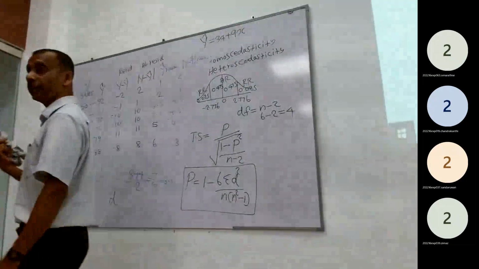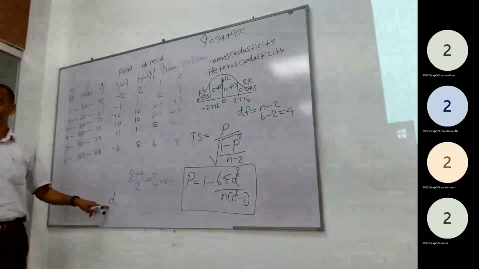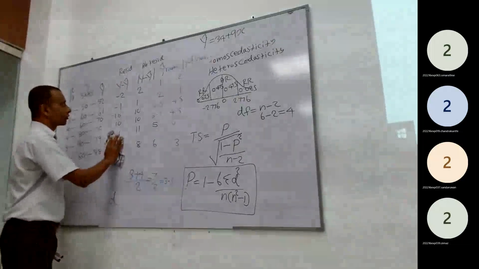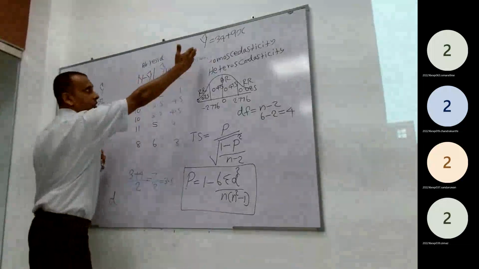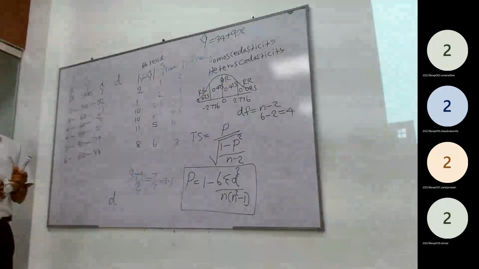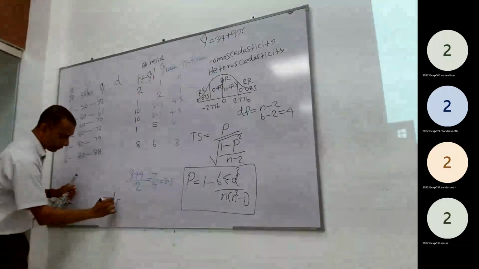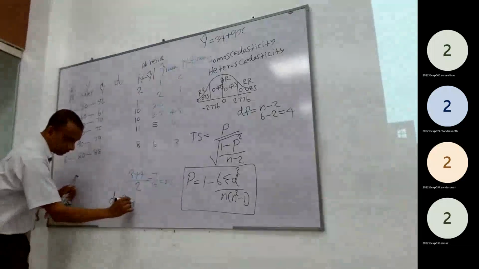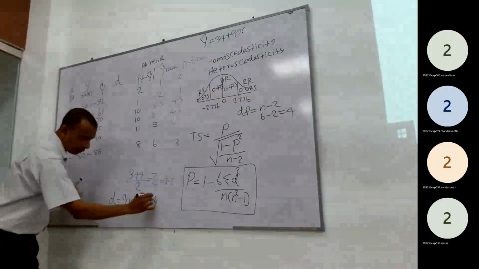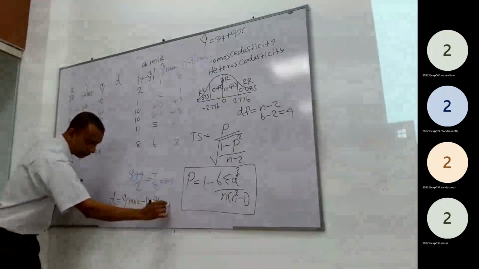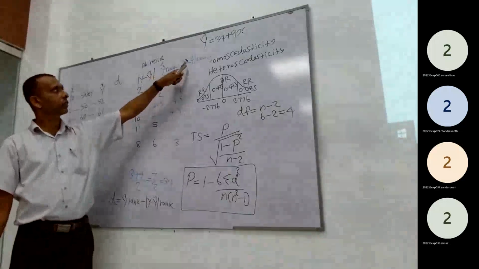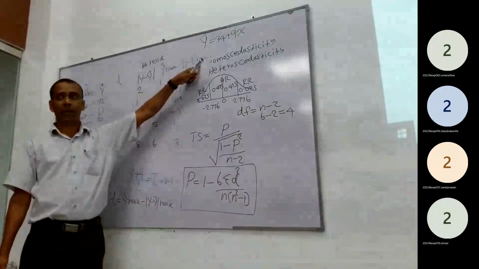Now I take D, the difference of rank. D means y hat rank subtract the y minus y hat residual rank.